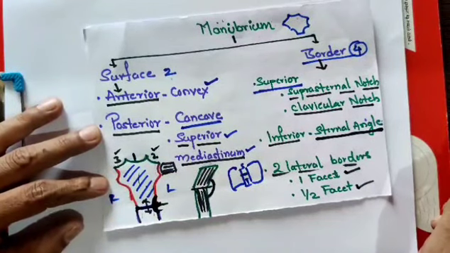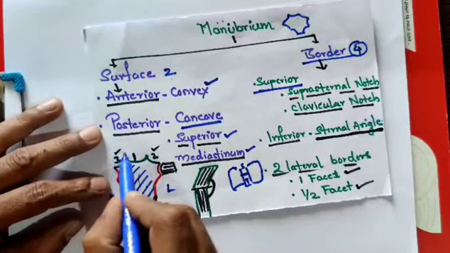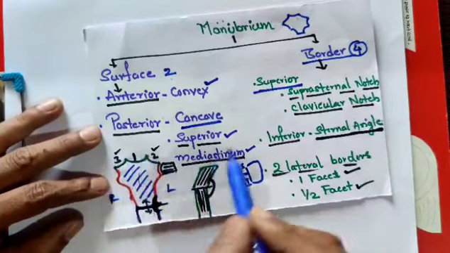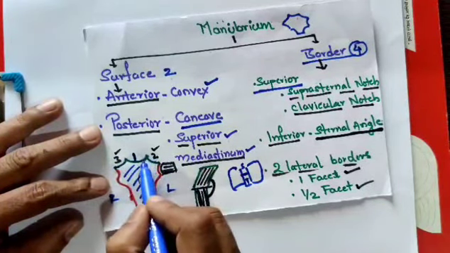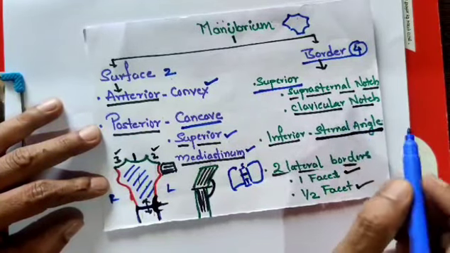This suprasternal notch is also known as the jugular notch, and also as the intraclavicular notch, because this notch lies between the right and left medial ends of the clavicle, hence it is called the intraclavicular notch.